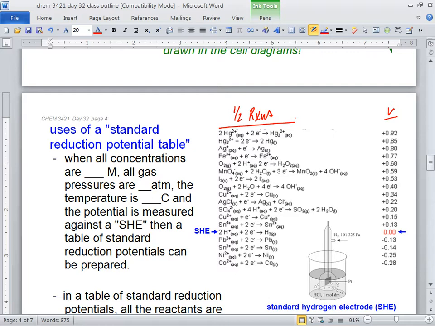This is what it looks like. So they actually build these half cells, and they put them right next to each other, connect them with a little voltmeter, and then they read the volts. But they have to make sure all these concentrations and pressures and temperatures are what? 1 molar, 1 ATM. Exactly. So all those conditions are really important. Otherwise, you're not going to get these numbers.